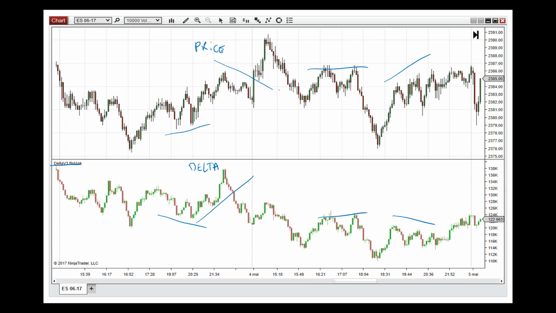When there was a double top on the delta, they called it an inventory grab, and it was supposed to bring the market in the other direction.